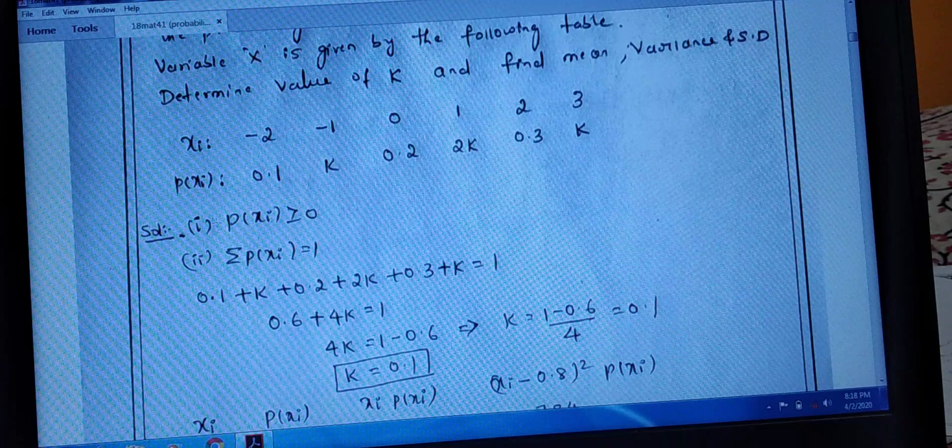The second condition is that the summation of p of xi must be equal to 1, that is, the sum of all your p of xi values.